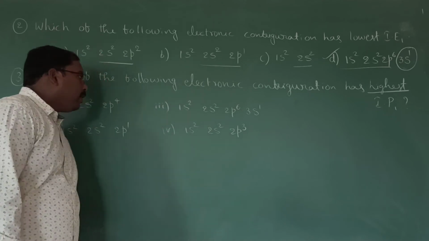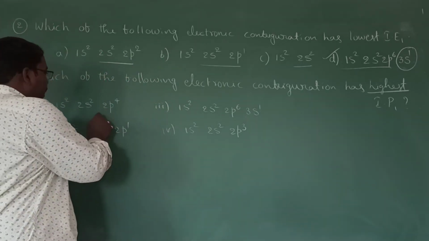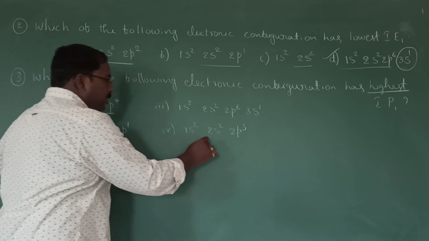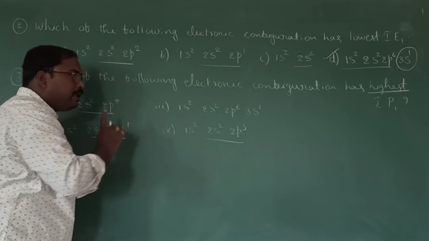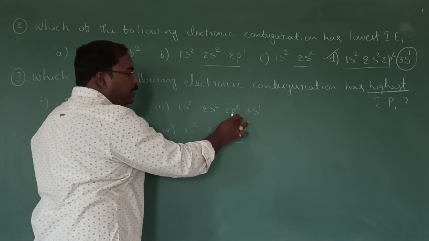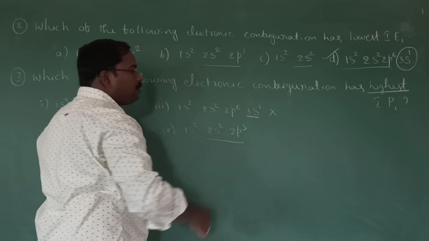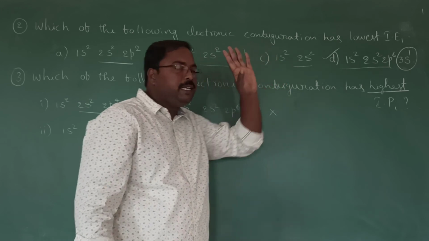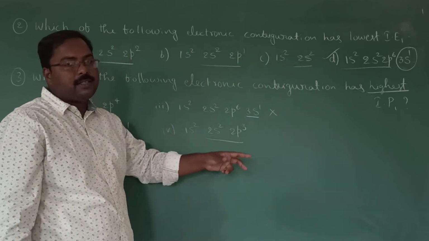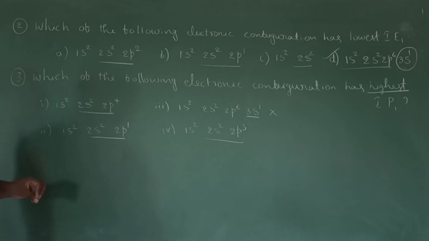Okay? Just know from the above question, it is very clear. In all these three cases, we are going to remove the electron from the third orbit, sorry, second orbit. But in the case of the third option, we are removing the electron from the third orbit. So it will have the lowest ionization energy. So this is not the correct answer in this question. Now, again a doubt.